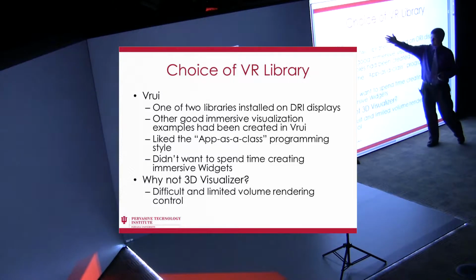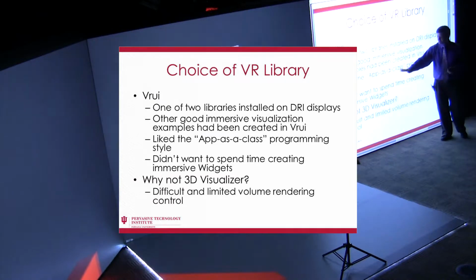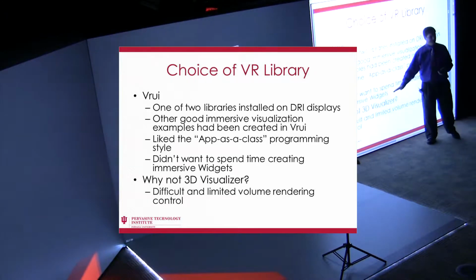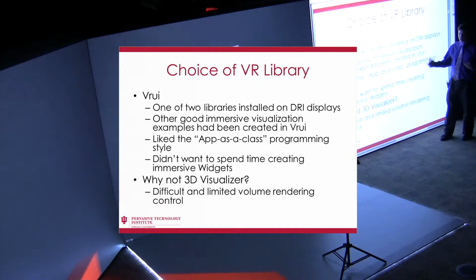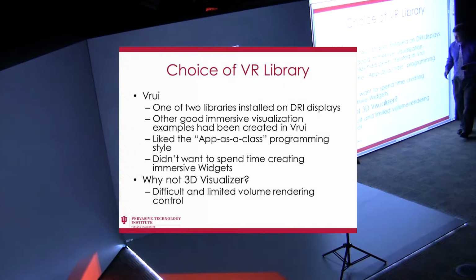All right, so I already talked about it, we chose Vrui. It was one of the two libraries that we had at DRI, the other one being one that I wrote. Again, we had some good examples. It had the widgets. Patrick happened to like the C++ method of using the app as a class, but especially we didn't want to have to rewrite the widgets, and so we got that free with Vrui. Now with Vrui, we already had this 3D volume visualizer tool, and I'll show you that on Wednesday.